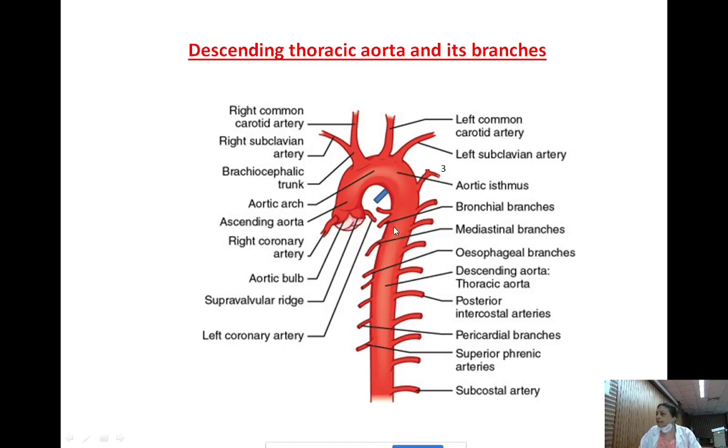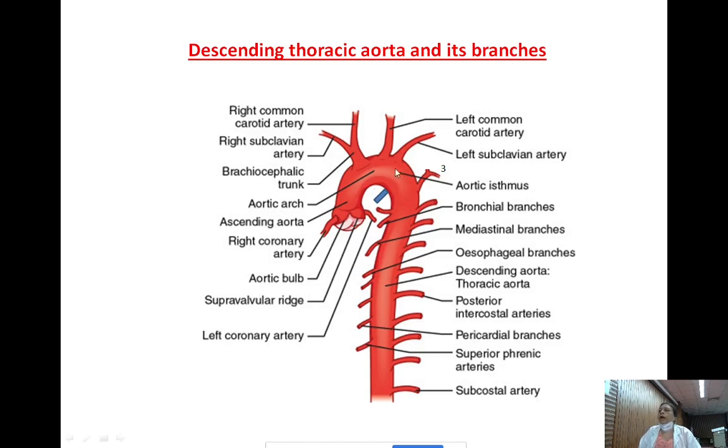There is another aortic sinus, the right posterior aortic sinus, which does not give any branch, and that's why it is known as the non-coronary sinus. There is the coronary sinus, you know, the vein draining the heart, and the non-coronary sinus is actually the right posterior aortic sinus, because it does not give rise to any coronary artery.